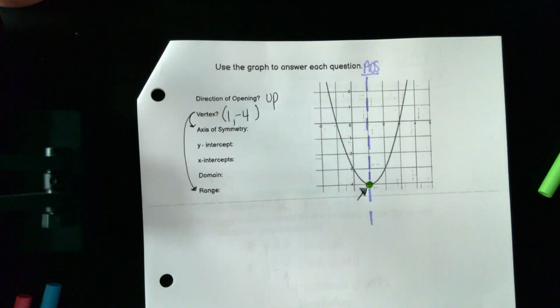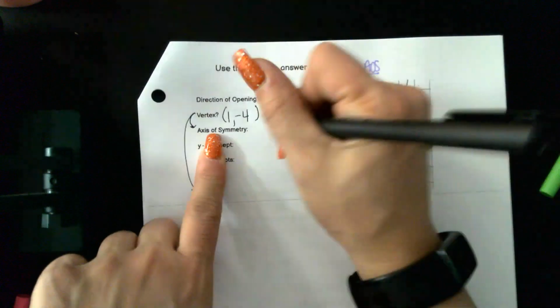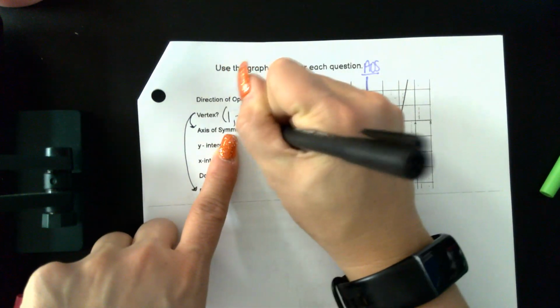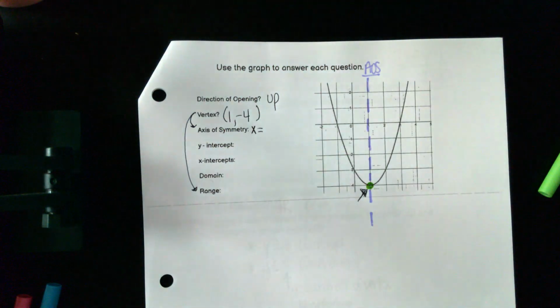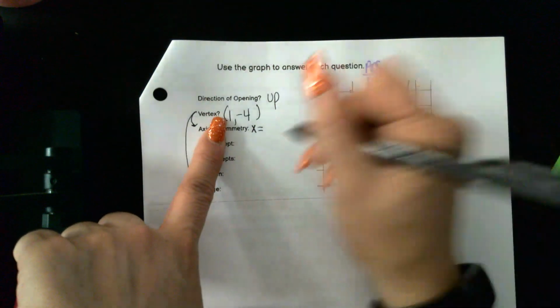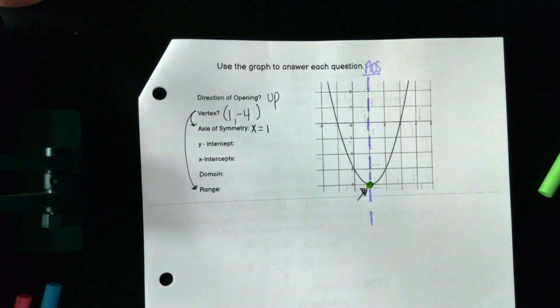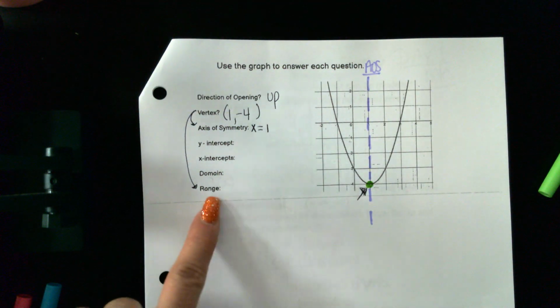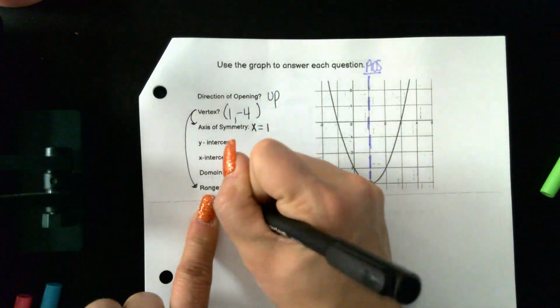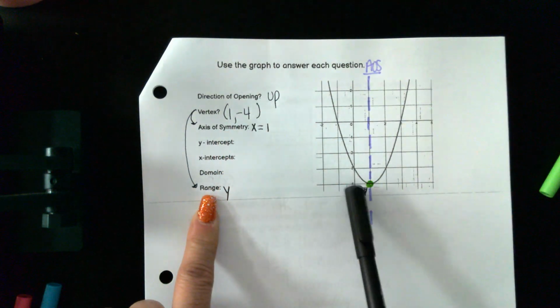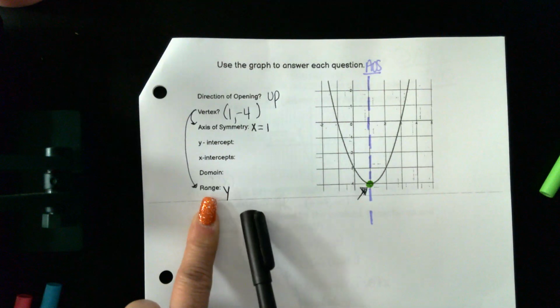So I'm going to go ahead and fill those in. My axis of symmetry, remember, is always going to say x equals a number. And that number is the x-coordinate, which was 1. And then for the range, we'll go ahead and get that one done. You start with y. If it's facing up, what's my symbol?